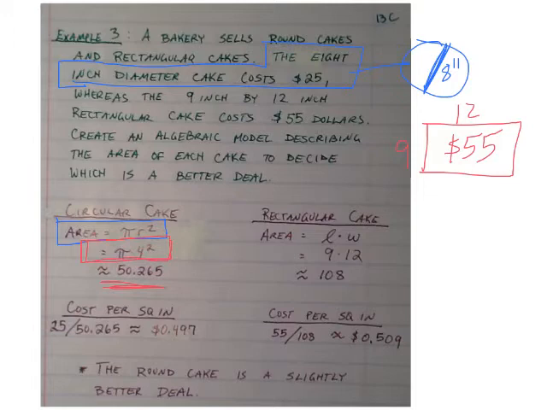Our rectangular area is length times width, and that gives us exactly 108 square inches. If we find the cost per square inch, cost divided by the square inches, you get two different prices, and you can see that the round cake is ever so slightly less expensive than the rectangular cake.